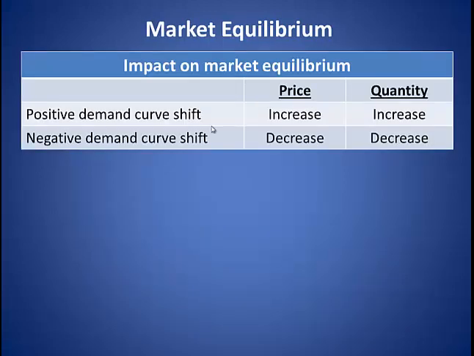If I have a positive demand curve shift, in order to achieve equilibrium, I will have an increase in price and an increase in quantity. If I have a negative demand curve shift, I will have a decrease in price and a decrease in quantity in order to achieve equilibrium.